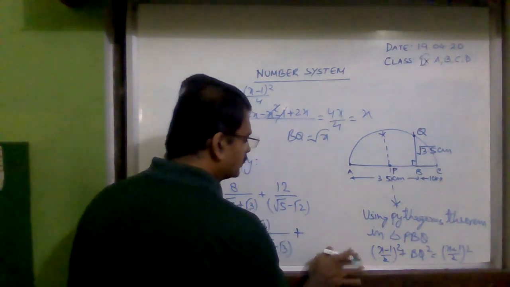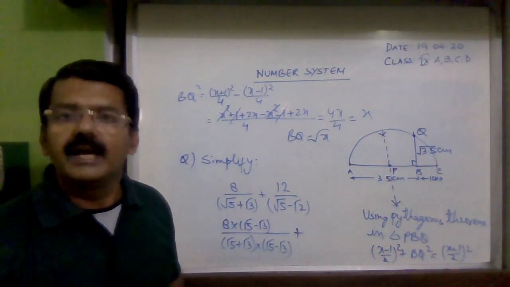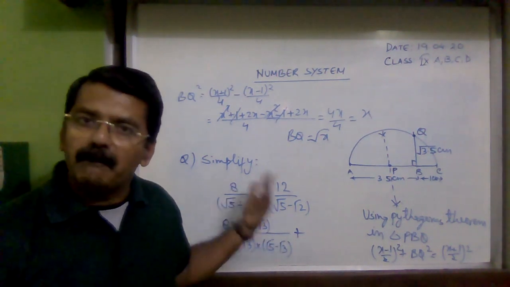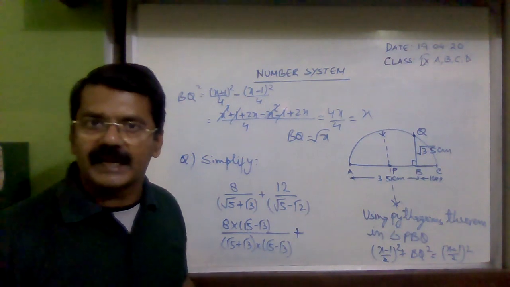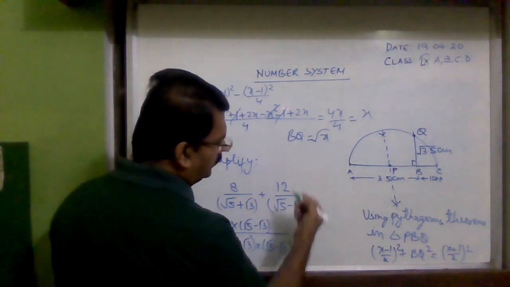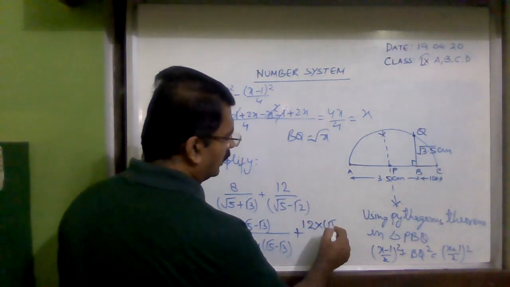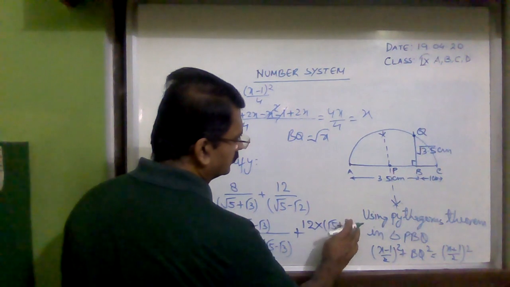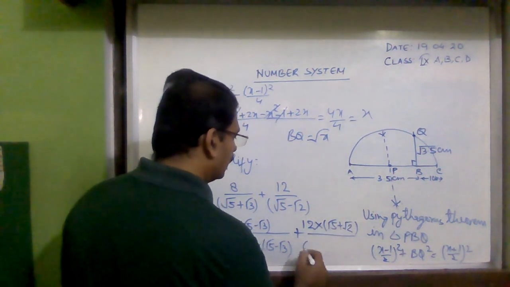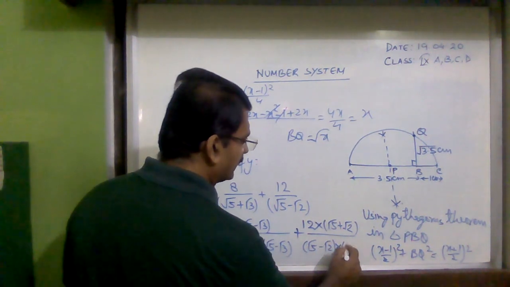Similarly, here also this root 5 minus root 2 is an irrational number, and here the rationalizing factor is root 5 plus root 2, because we have to change the sign. So you multiply both the numerator and denominator by the rationalizing factor, that is 12 into root 5 plus root 2 upon root 5 minus root 2 into root 5 plus root 2.